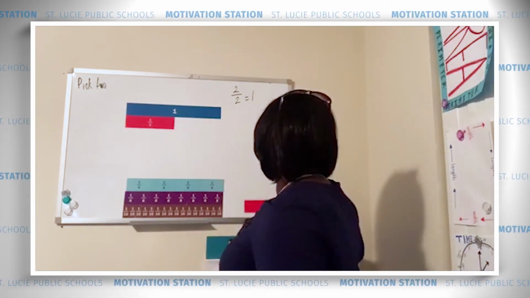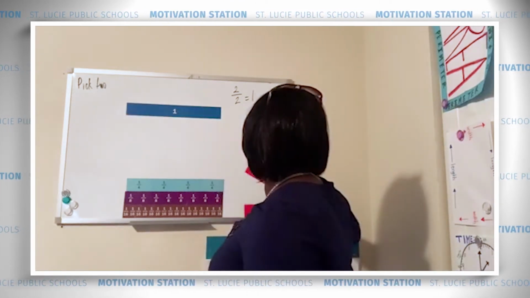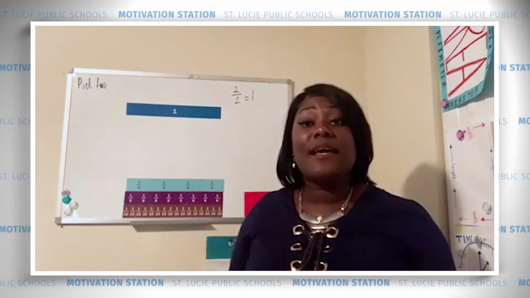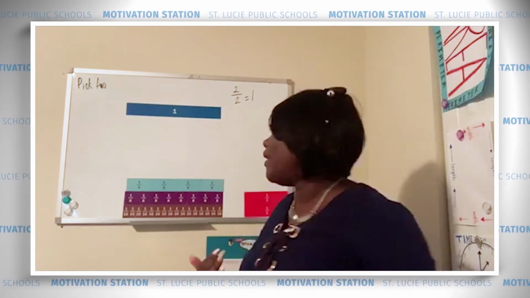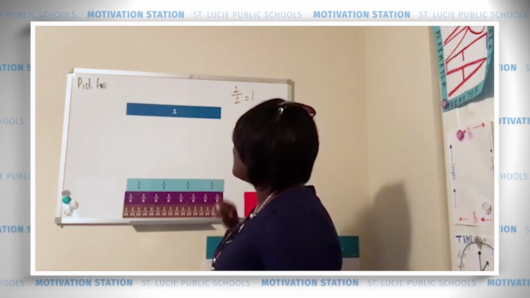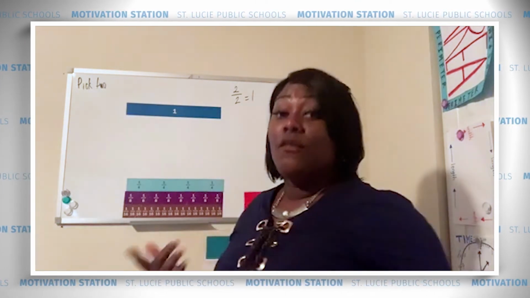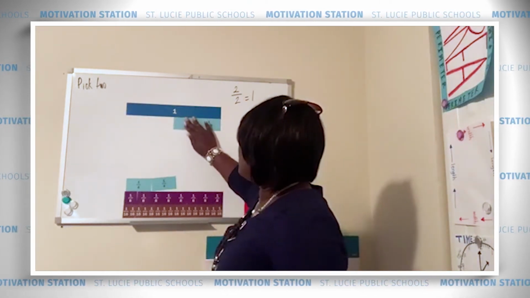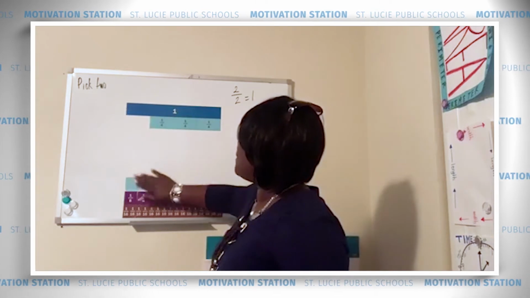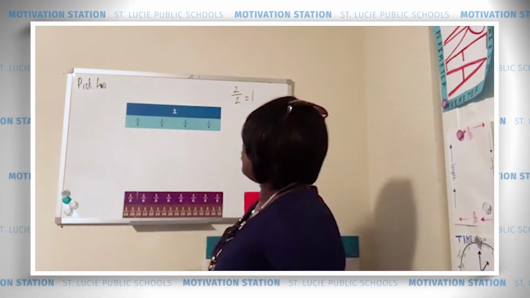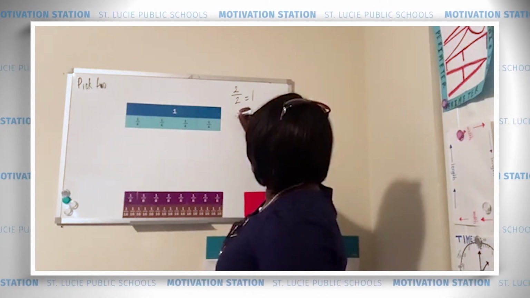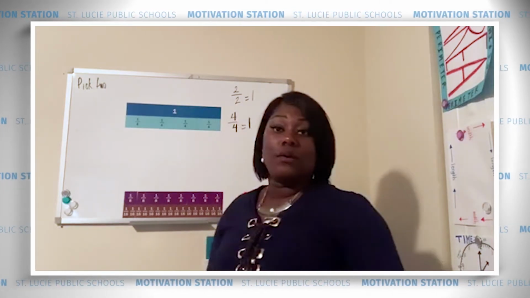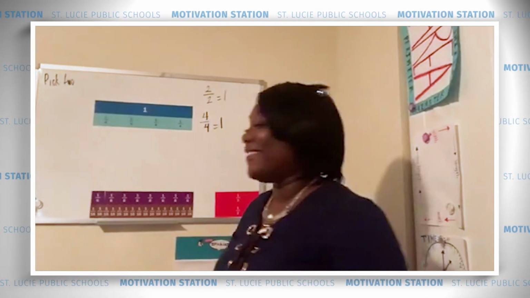What if I was going to use fourths? How many fourths would I need to match the size of a whole? 4 fourths. I would need all 4 of those parts put back together to create the whole. So 4 fourths is equivalent to 1 whole.